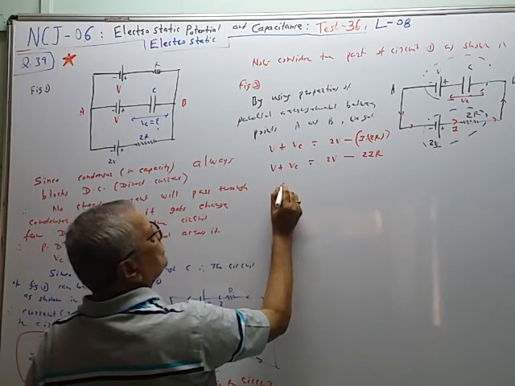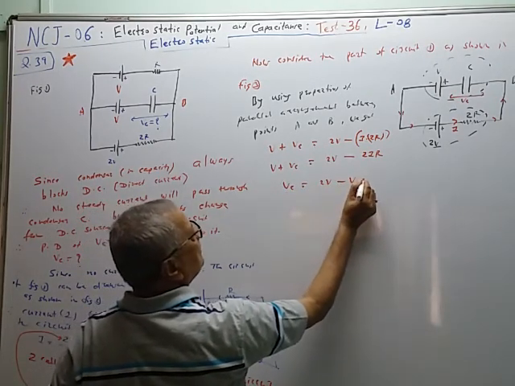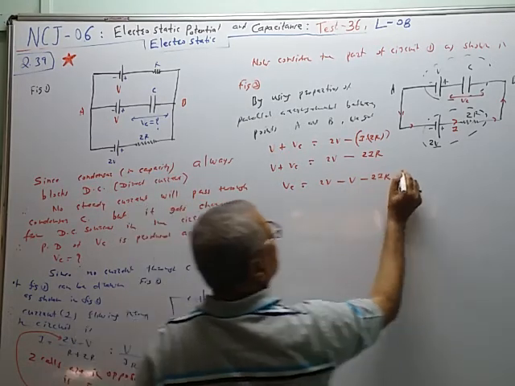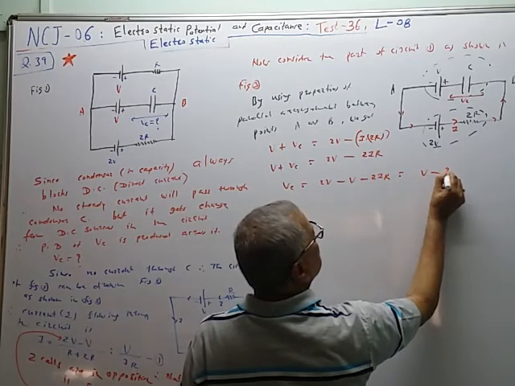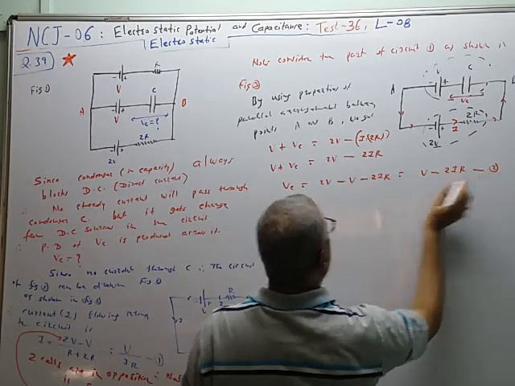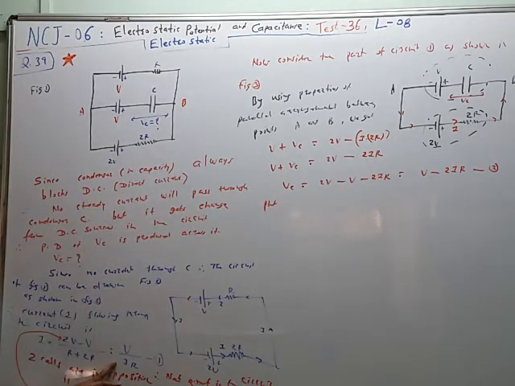So we have to find Vc. So Vc is equal to 2 times V minus V minus 2 times I into R. So that is equal to V minus 2 times I into R. This is equation second.